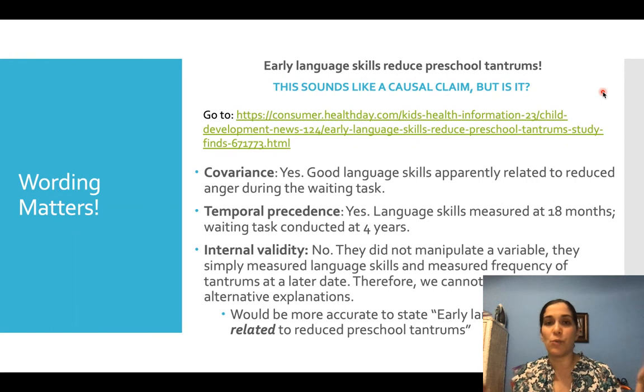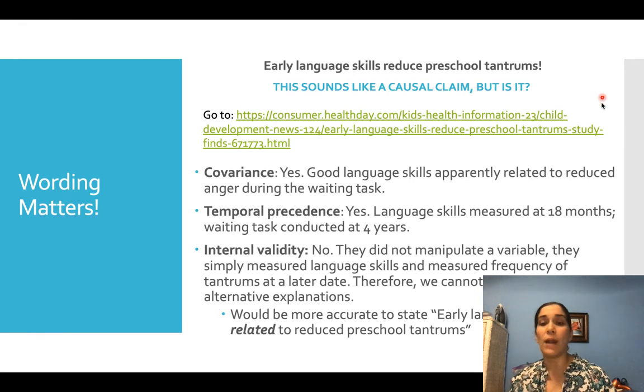By definition, when you have two measured variables, what type of claim should this be? Your answer should be an association claim. When you have one measured variable, it's a frequency claim. When you have two measured variables, it's an association claim. When you have one manipulated and one measured, you have internal validity, or the potential for internal validity, and you have a causal claim. So this headline is really misleading.